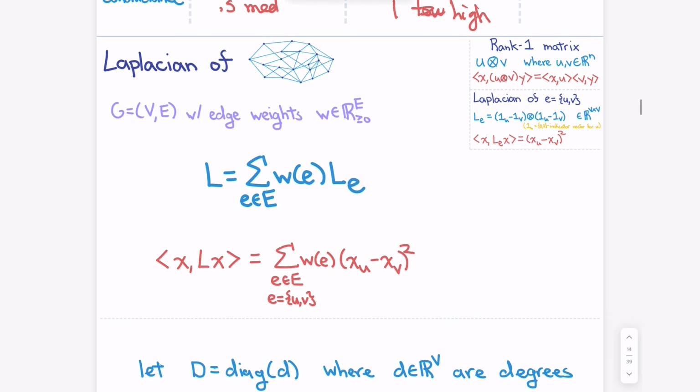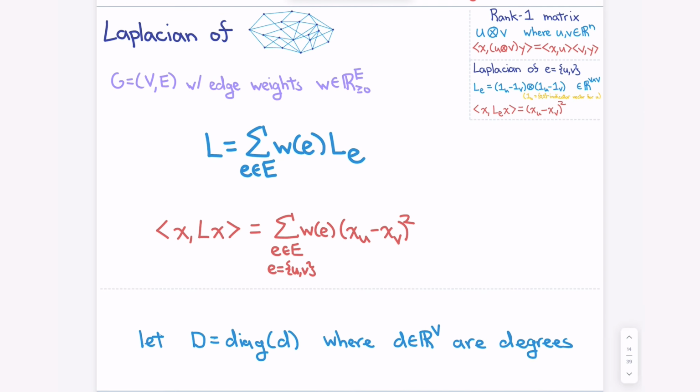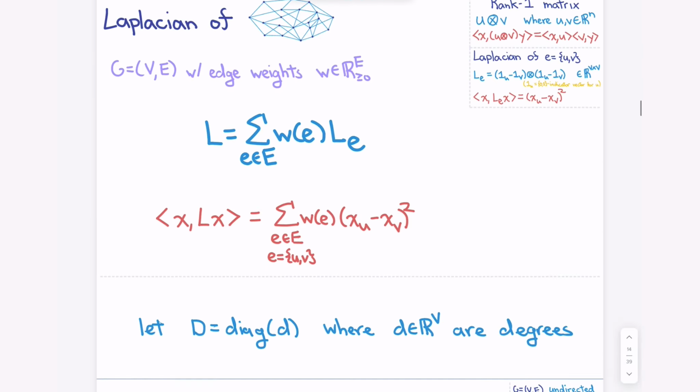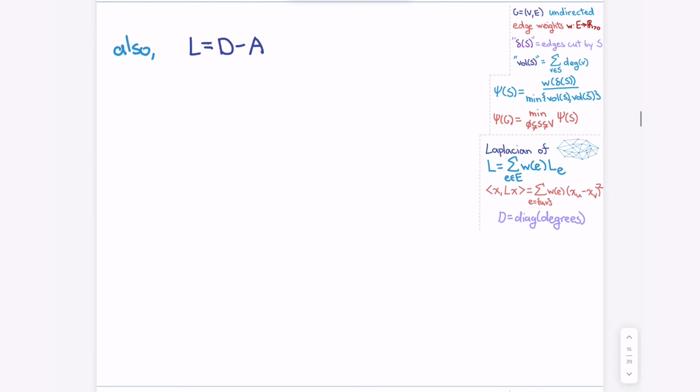Today is about relating the conductance to the Laplacian of a graph, and then also relating the conductance to random walks via the Laplacian. I mentioned last time the Laplacian can be written as the degree minus the adjacency matrix, with the weighted degrees. You can check this just for a single edge, e equal to uv.